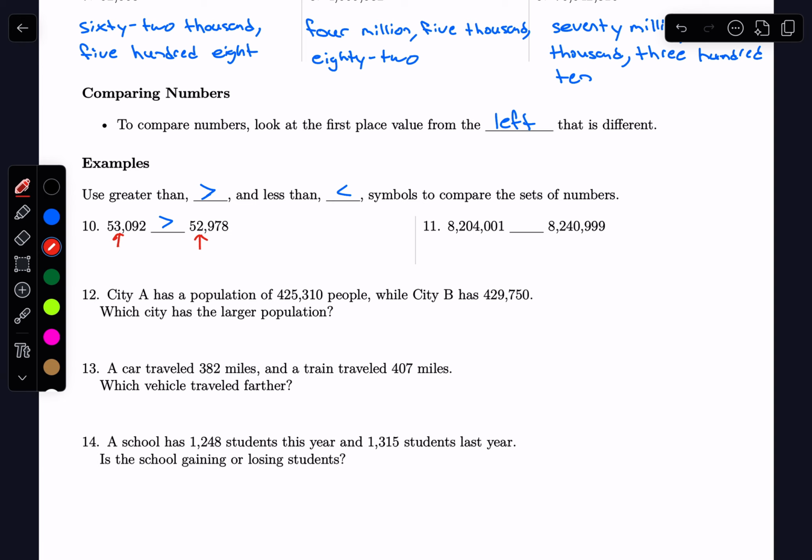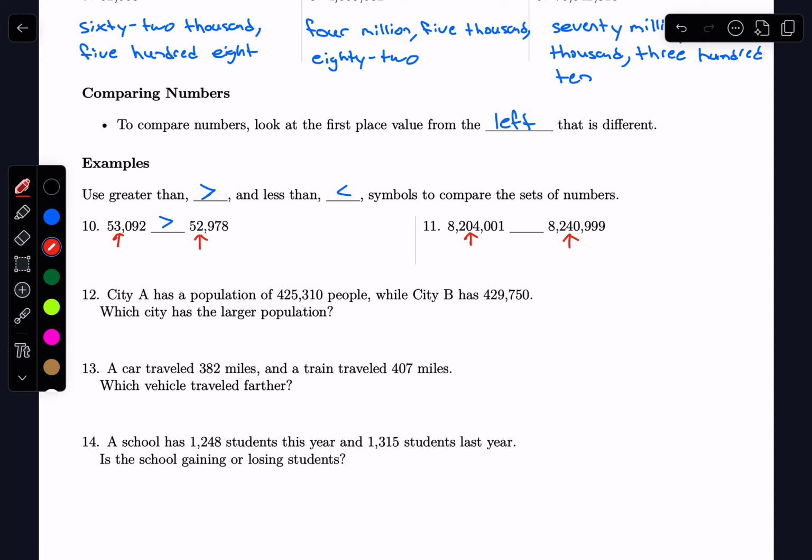So even though they started with 5s, because they were the same, we ignored that digit and went to the next one. So you want to find the first place value from the left that is different. In number 11, we have 8,204,001 compared to 8,240,999. So notice the 8 and the 2 are the same, but then I have a 0 in the first number and a 4 in the second number.